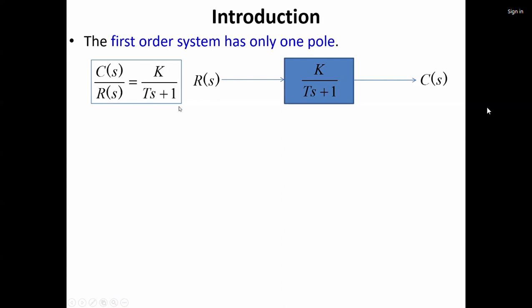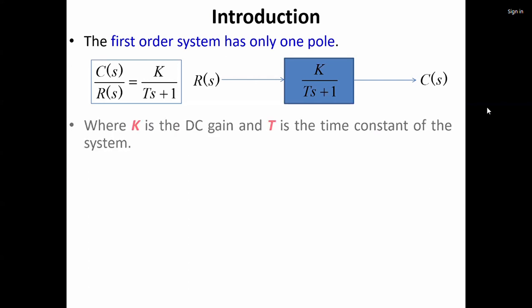And this factor here has K, which is typically the gain of the system, and the capital T, which is the time constant of the system. So as you see here, this is the input that is coming to the system, and you have the factor here, and you get the output. And depending on the value of the gain and the time constant, the output characteristics are going to change.